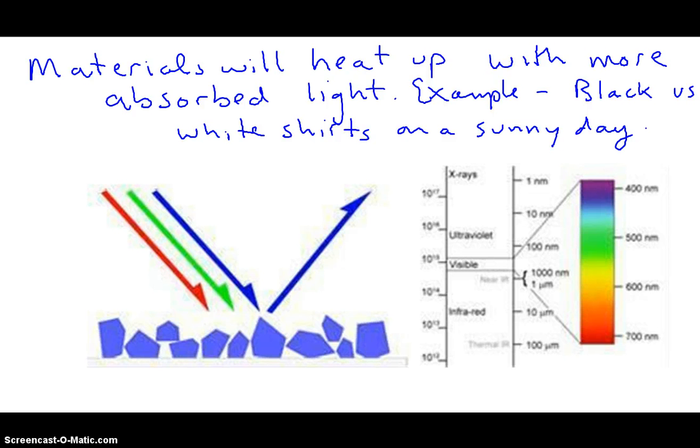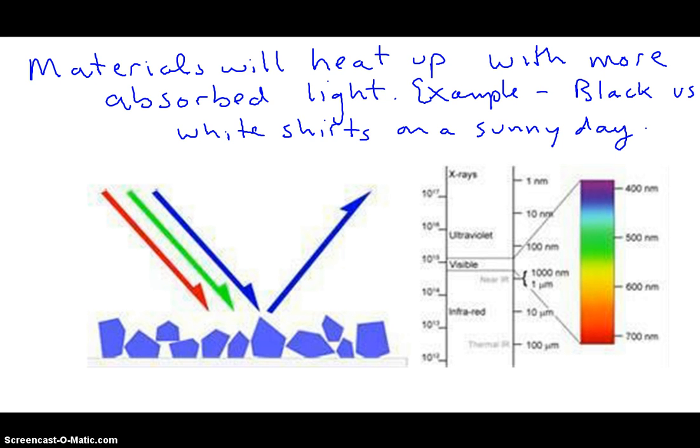So materials will heat up with more absorbed light. And we know this: if you go out and wear a black t-shirt during the summer, it heats up a lot more than if you wear a white t-shirt, because black is absorbing all of the colors and reflecting none, whereas white is reflecting all of them.